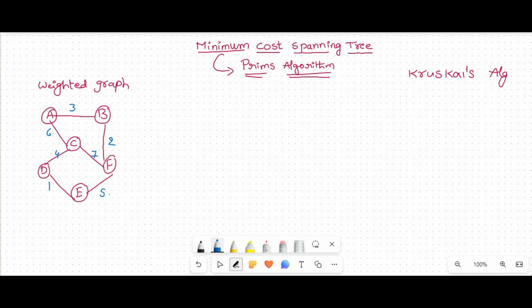This is the graph. So, how do we construct a minimum cost spanning tree for it using Prim's algorithm?